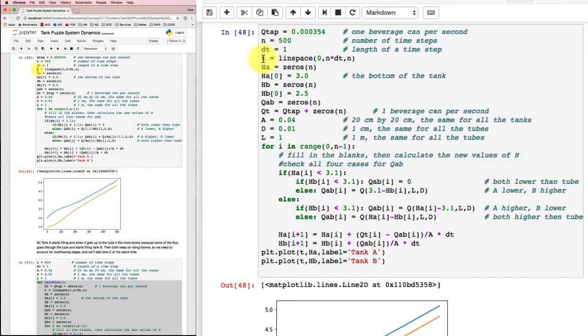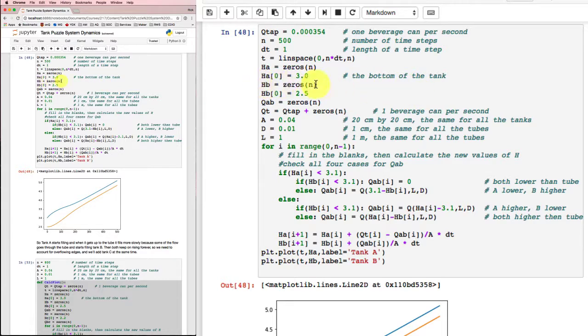I can set up a linear space in time going from 0 up to 500 steps times the time step, and I'll make it 500 steps long. I can say that HA, the height in tank A, is going to have n different values at the different time steps, and I'll start off by making them zeros, and I'll make HA at time 0 equal to 3, the bottom of the tank, so we'll assume it was empty.